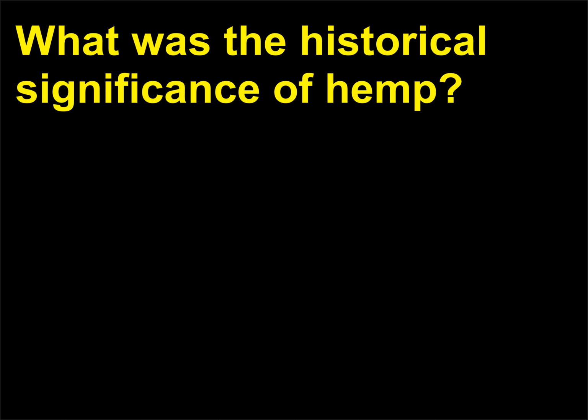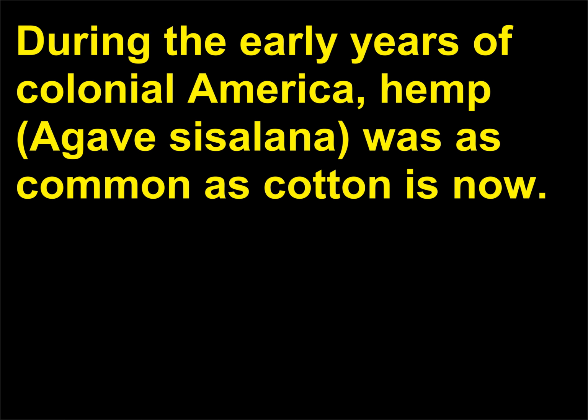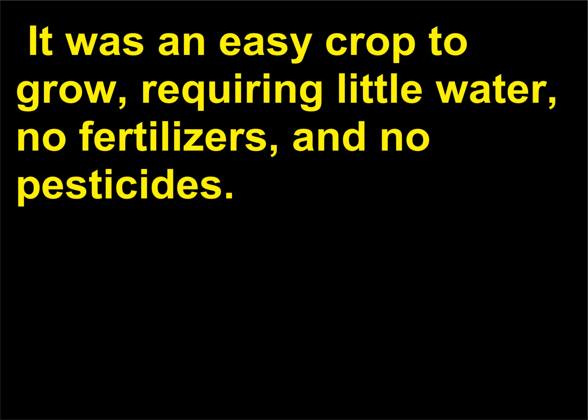What was the historical significance of hemp? During the early years of colonial America, hemp, Agave cisalina, was as common as cotton is now. It was an easy crop to grow, requiring little water, no fertilizers, and no pesticides.